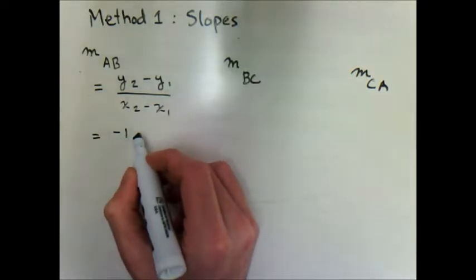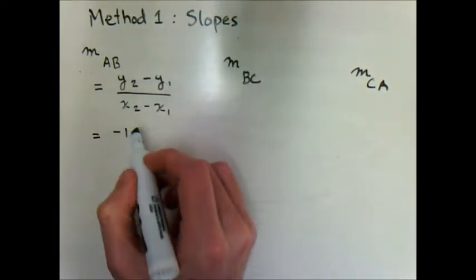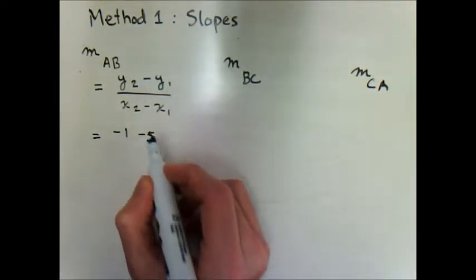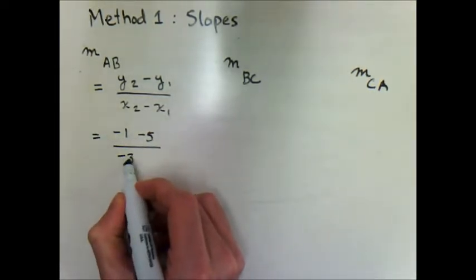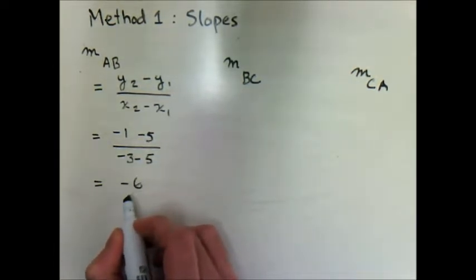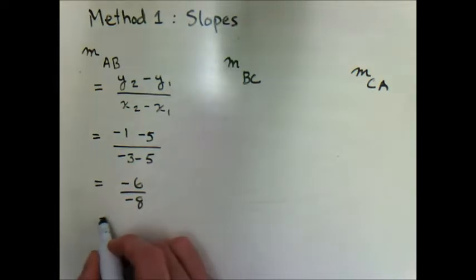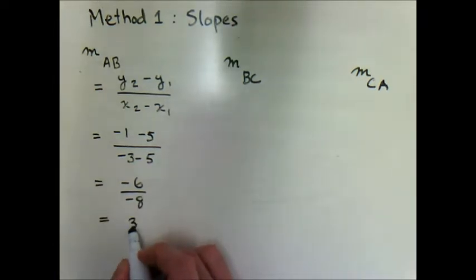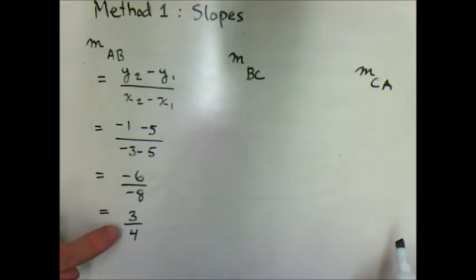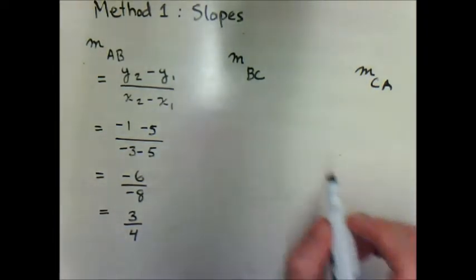We have -1 for our B, which is going to be our y2 and x2. So we have -1 minus 5 over -3 minus 5. This reduces to -6 over -8, which equals 3/4. So the slope of AB is positive 3/4.